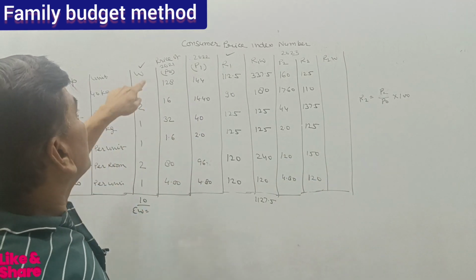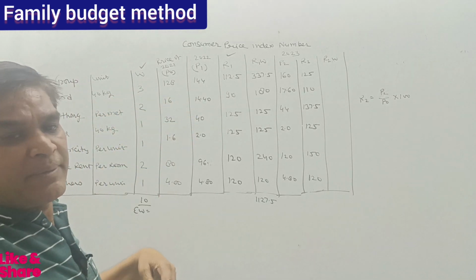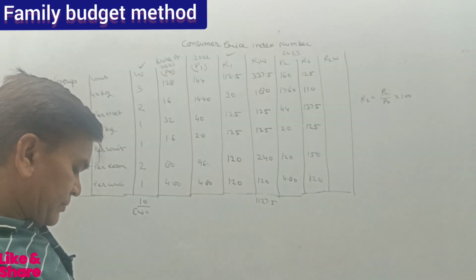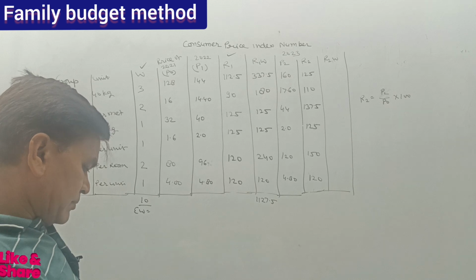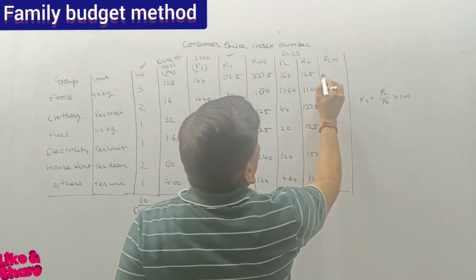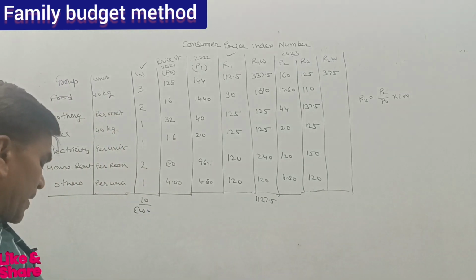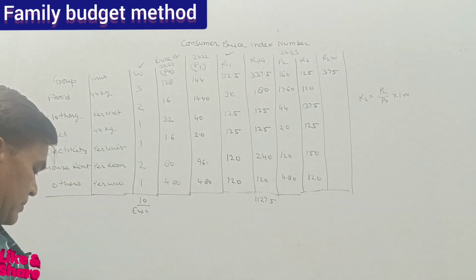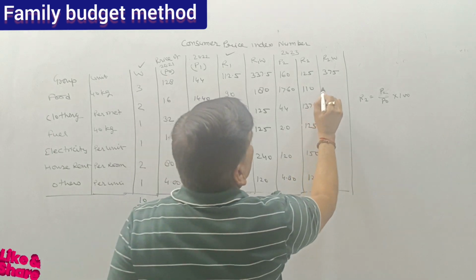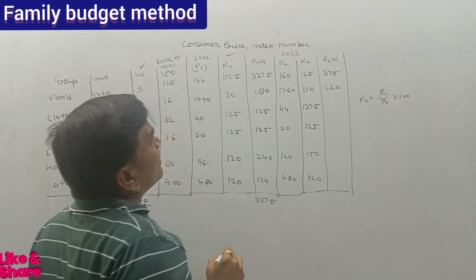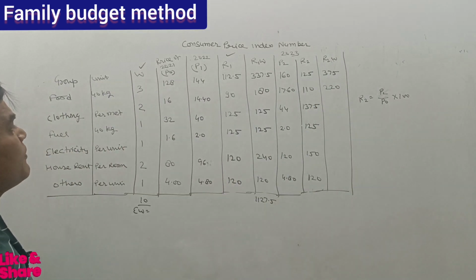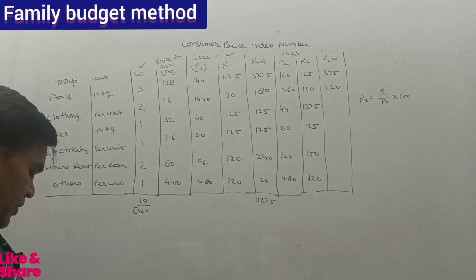Now R2W. 3 multiplied by 125, the first one is 375. Second one, 110 multiplied by 2, that is 220. Third one, 137.5.